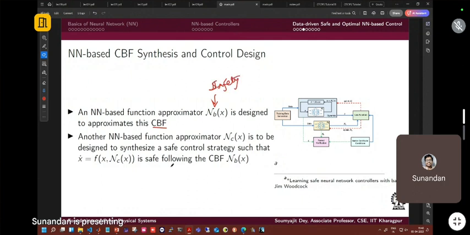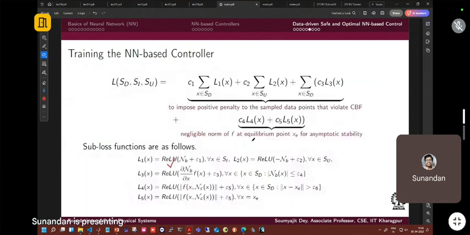And NC is another part of that, another function approximator. Let's see what we are doing with NB first.